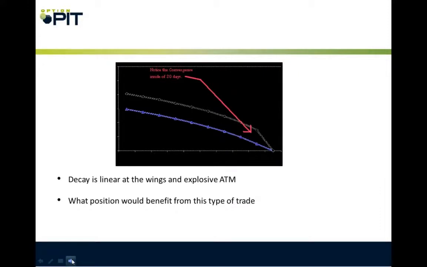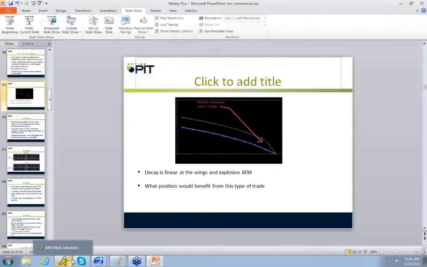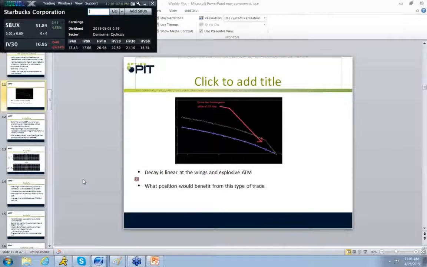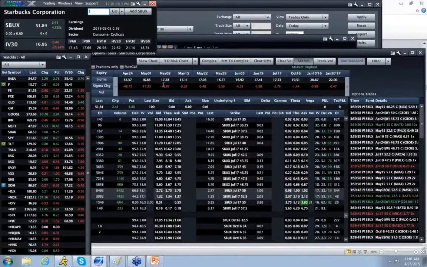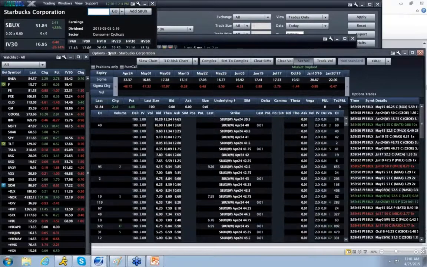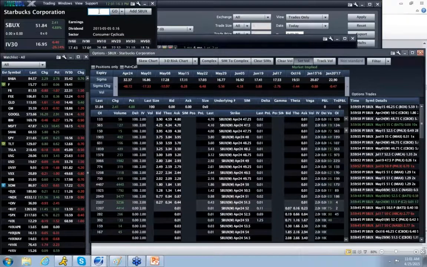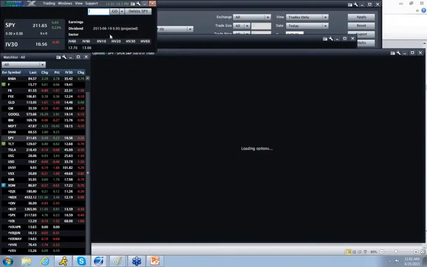Even if an option is completely worthless, market makers do not like selling options that are worth a penny or 2 cents or 3 cents. So that makes those wings even better.